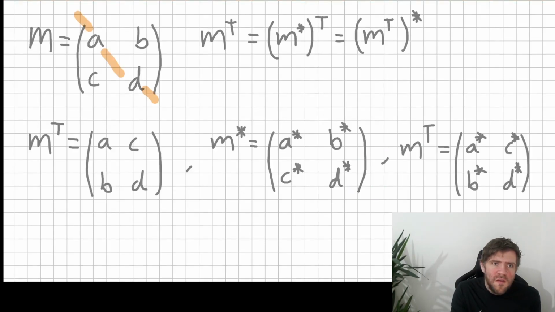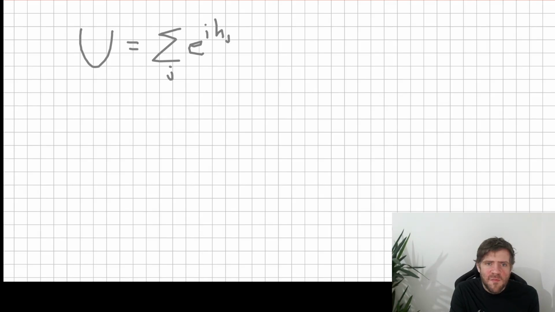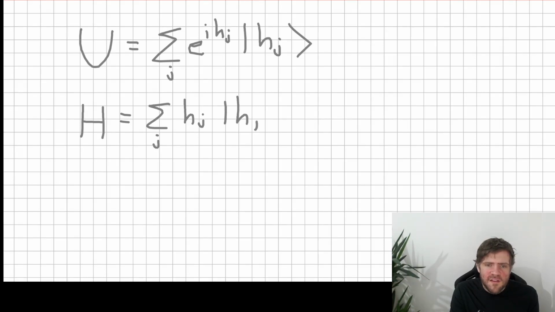So we have got two kinds of matrices: unitary matrices, which in spectral form can be written as e to the i times some real number for each of their eigenstates, and the hermitian matrices, which can be written as some real number times their eigenstates.